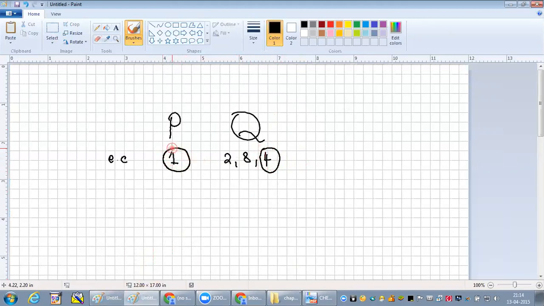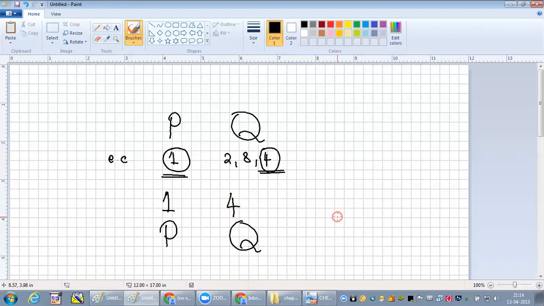Here in the outermost orbit there is only 1 electron. Remember, in the first orbit there can be only 2 electrons, so one more electron is needed. So the valency of P is going to be 1 because one more electron is required. Q is having 4 electrons in its outermost shell, so the valency of Q is going to be 4.